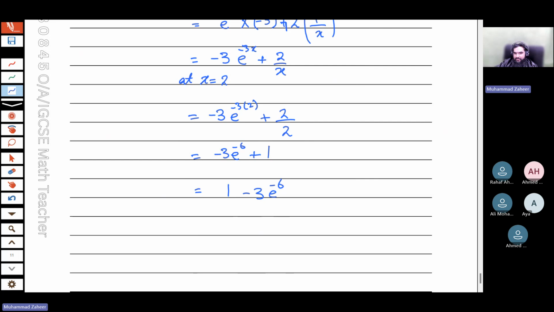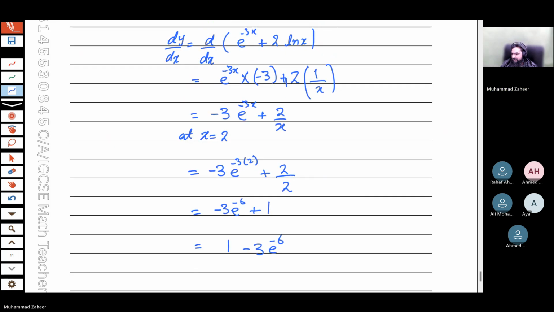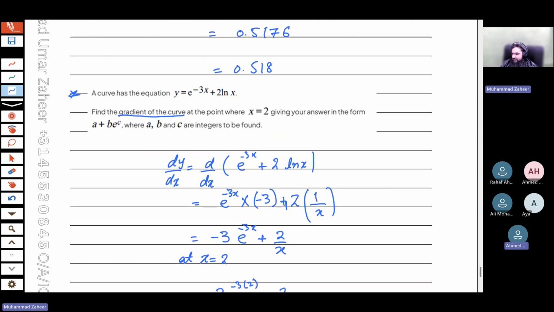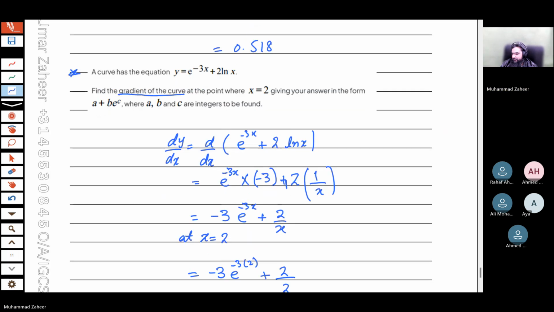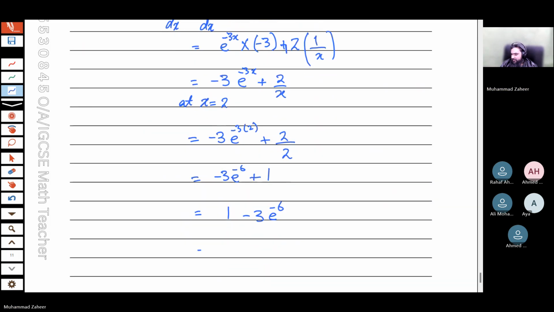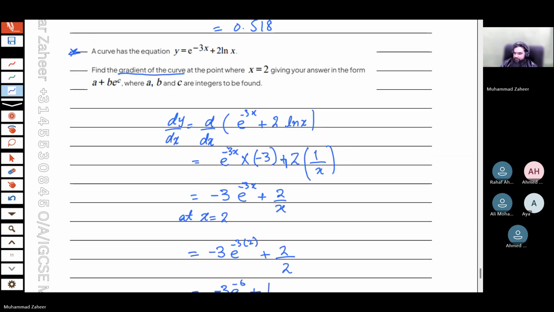So a is 1, b is minus 3, and c is minus 6.